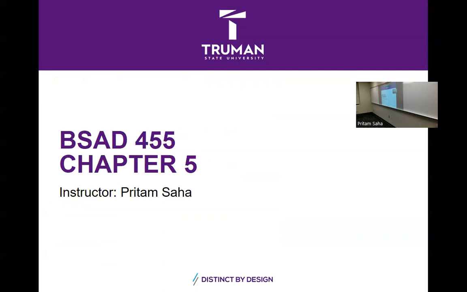Chapter 5. In chapter 5, we're going to talk about currency derivatives. A couple of classes before, we talked about the foreign exchange market, and in it we talked about the spot market and the derivative market, right? We briefly went over the definition and some basic examples of the derivative market. Now we're going to talk in more detail about currency derivatives.